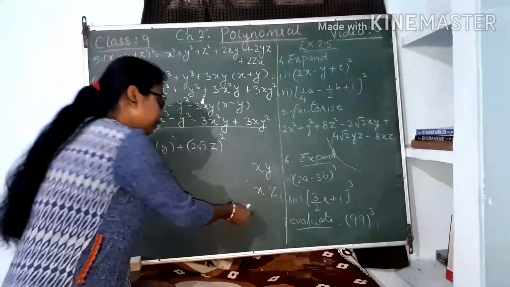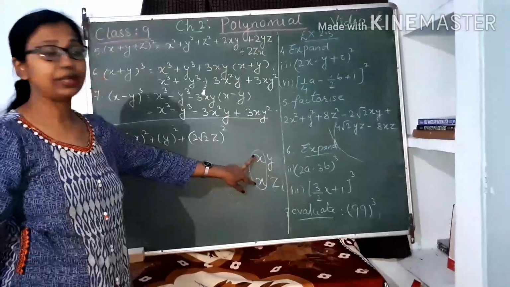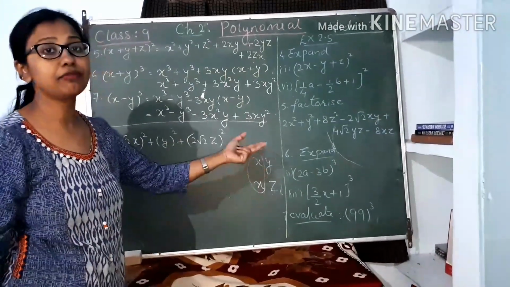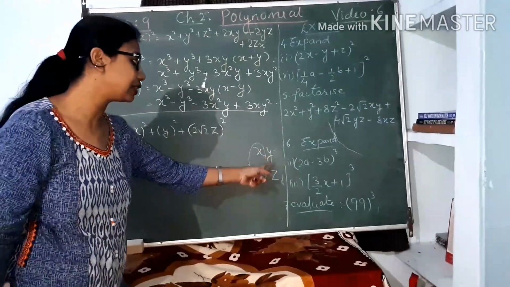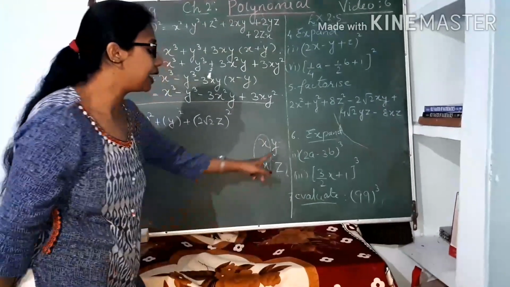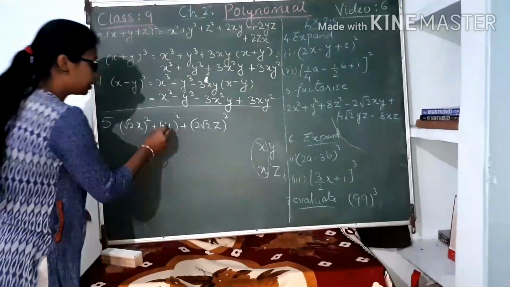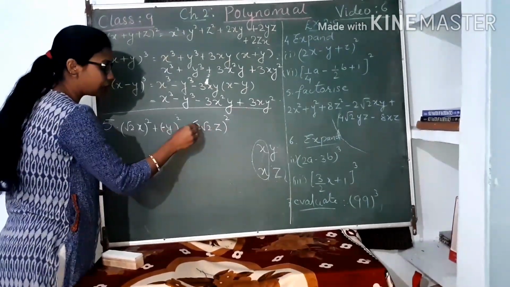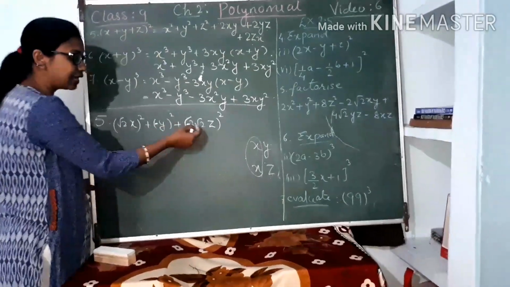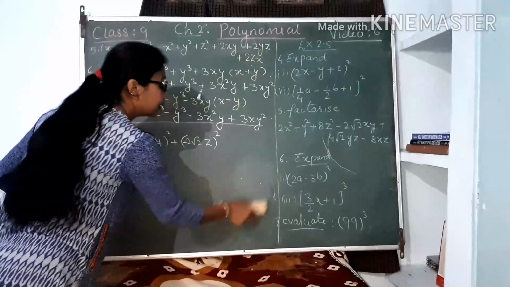Either you put the negative sign with the same common variable or give the negative sign with the uncommon variable. You cancel this common one and give the negative sign to y and z both. So I am going to give it to y and z, or you have another option, instead of y and z you can give it to x also, that is also correct.